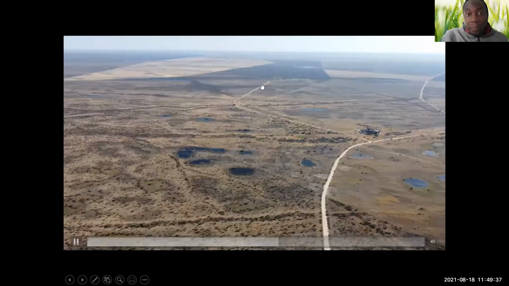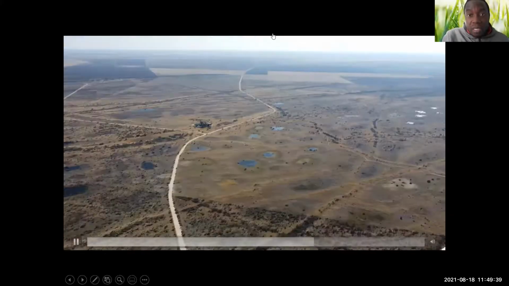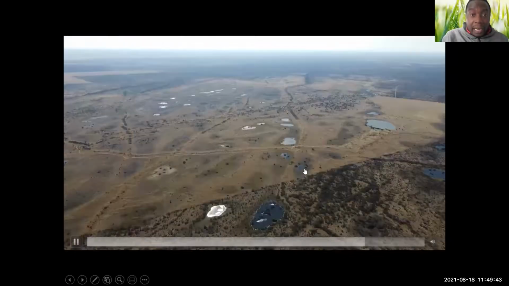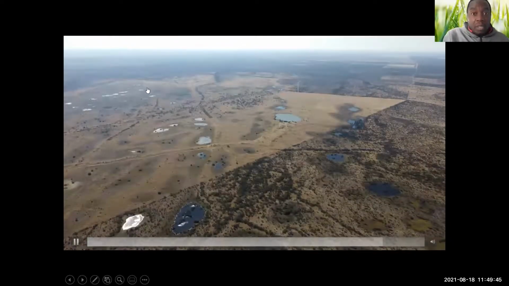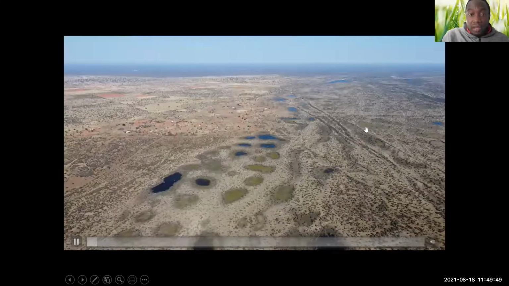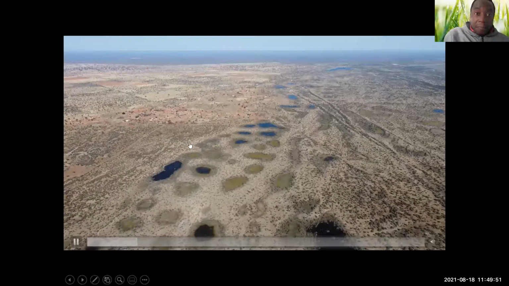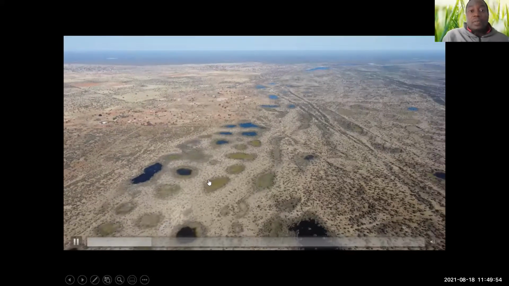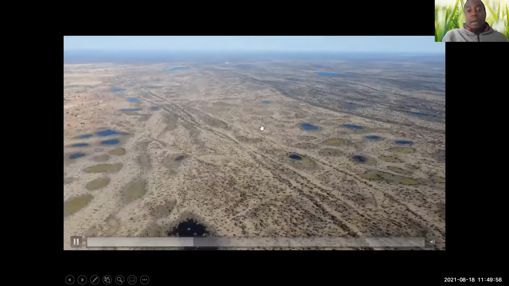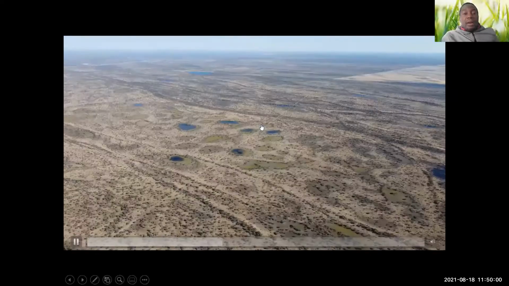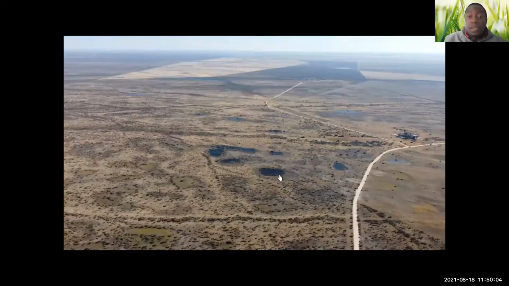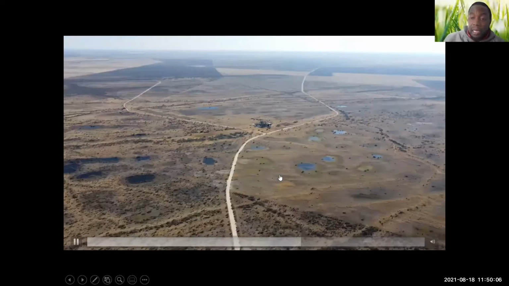So within the commercial farms, you don't get much of these ponds existing anymore, because most of the farmers tend to destroy these ponds. But within the communal areas, especially where there are no households, what we managed to find out was that these groundwater dependent ecosystems exist.